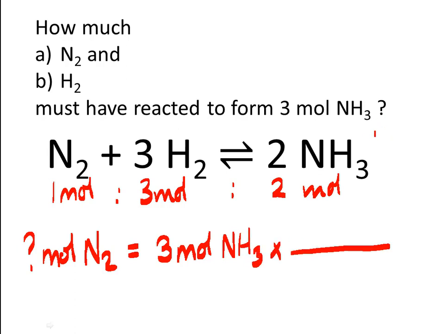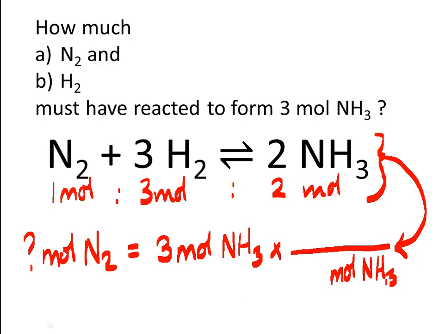We now apply the reaction ratio which we know from the balanced equation to make our equivalent values that we use in our conversion factor. We need mole of ammonia at the bottom to cancel away mole of ammonia that we have in our question, and we need mole of nitrogen at the top to introduce our required unit.